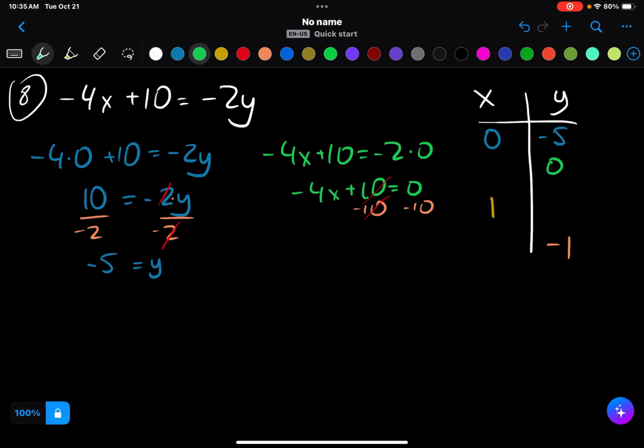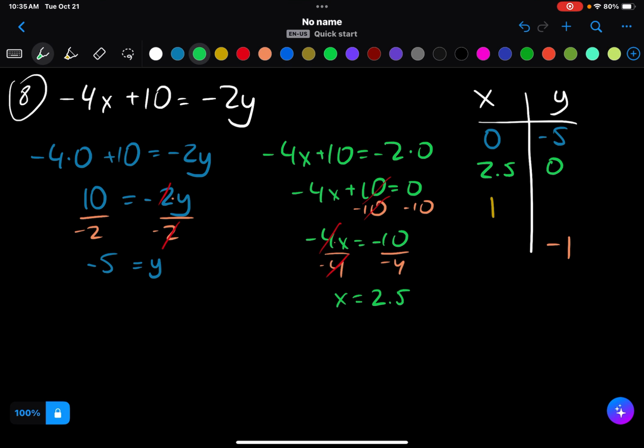Now you just have -4x equals -10. Now divide both sides by -4, because there's multiplication to get rid of. That's gone. So x is simply going to be a fraction, but I'm going to make it into a decimal, a positive 2.5, because negative divided by negative is positive. So when y is 0, x is 2.5.